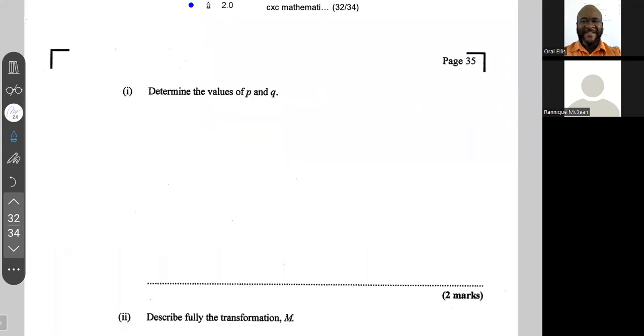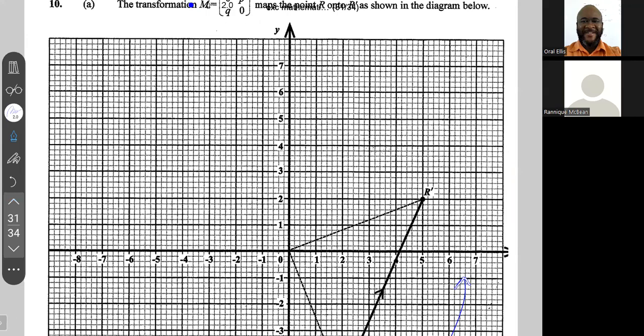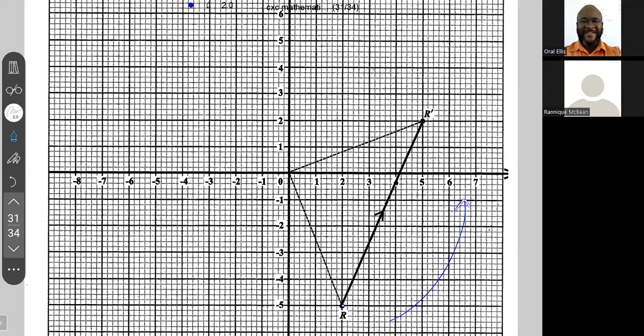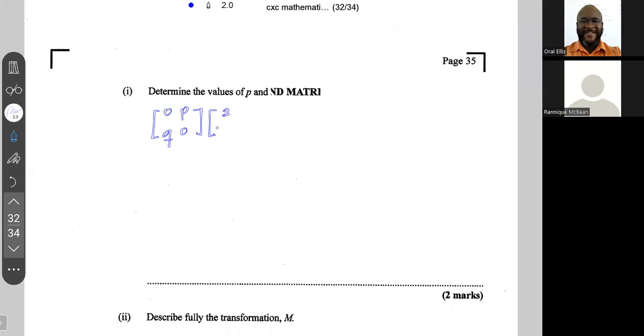Now, what we're asked to do is to determine the value of p and q. For a transformation, you multiply the matrix representing the transformation by the point. The point is R, and R is the point 2, minus 5.